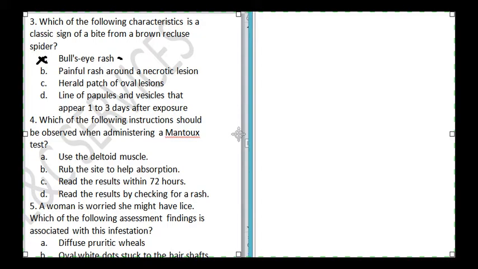Because bullseye rash is a characteristic of Lyme disease. Okay, let's also eliminate D, because that is a characteristic of poison ivy. So that leaves us with only two options.